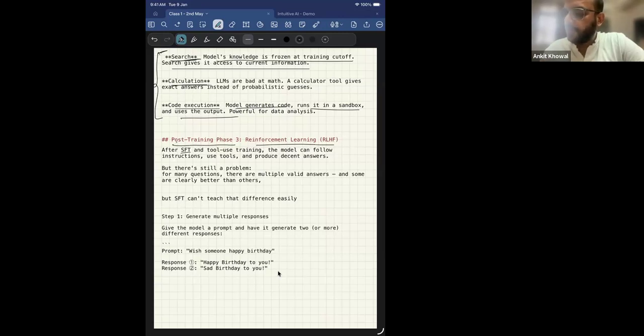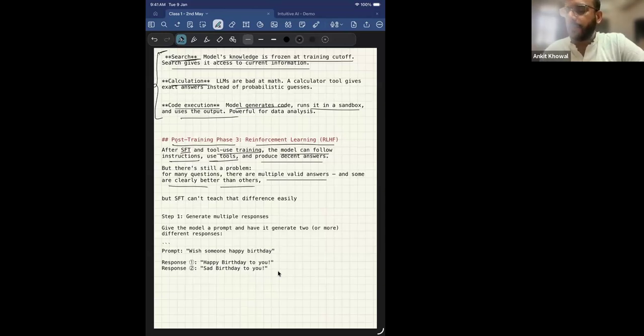So after SFT and tool use training, the model can follow instructions, use tools, and produce decent answers, right? But there is still one problem. For many open-ended questions, there can be multiple valid answers, and some are clear and some may not be clear.